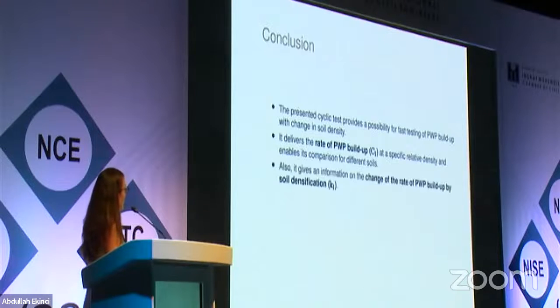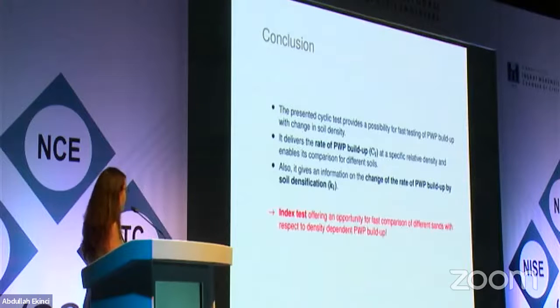Further on, it gives us information on the change of the rate of pore water pressure buildup with soil density, which is expressed through the parameter KL. And finally, I hope that this test might be an index test, as it offers us an opportunity for fast comparison of different sands with respect to density-dependent pore water pressure buildup.